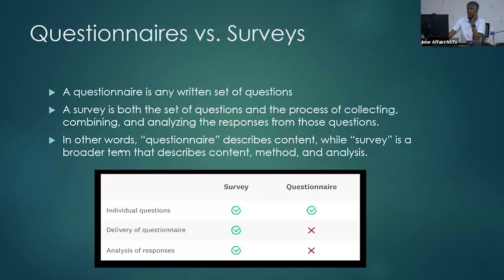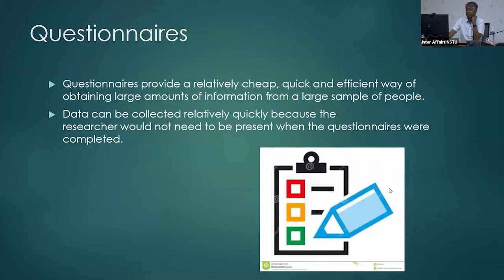Okay? So questionnaire talks about the content, the specific question, and the survey is a broader term that describes the content, the method, and the way of analysis, such as the measurement level that we talked about before.